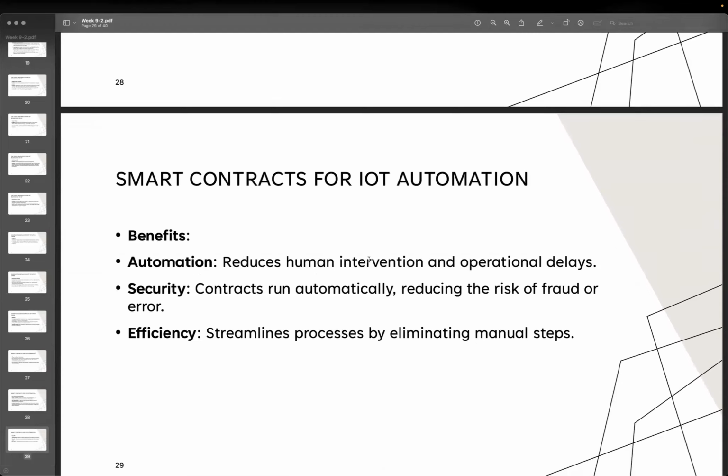And so far, it brings automation. One thing is that we don't require human intervention or face operational delay. Let's say if we have to adopt a new device, if we have a smart contract and we put it in, it can meet all the conditions, handle the environment issue or network connection, and naturally adapt and send the data.